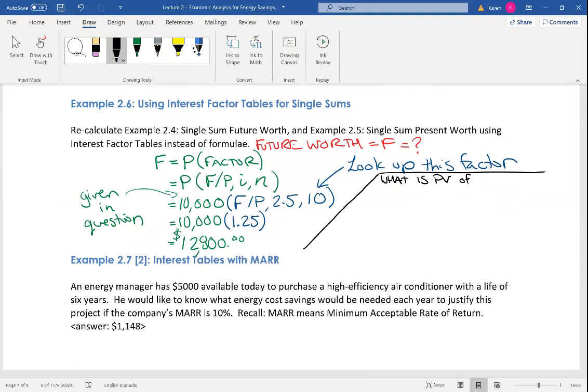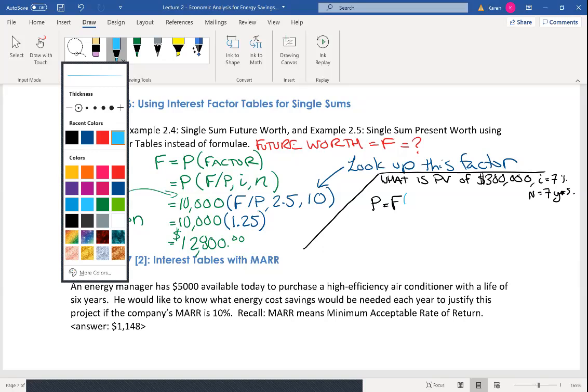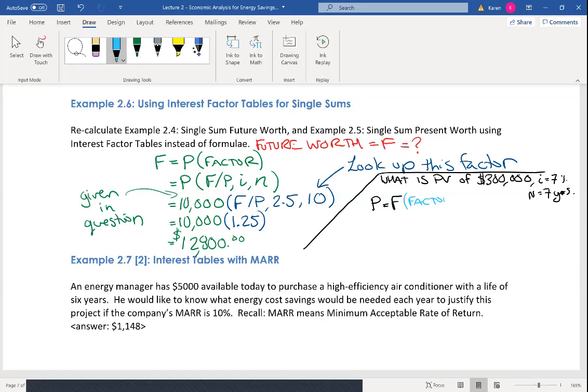I actually like using PV, of 300,000, at 7%, remember, for N equals 7 years. Then what we would do here to calculate that is we would say, what is the present value? For the present value, we need to multiply the future value by a factor. And here, I'll just write factor.